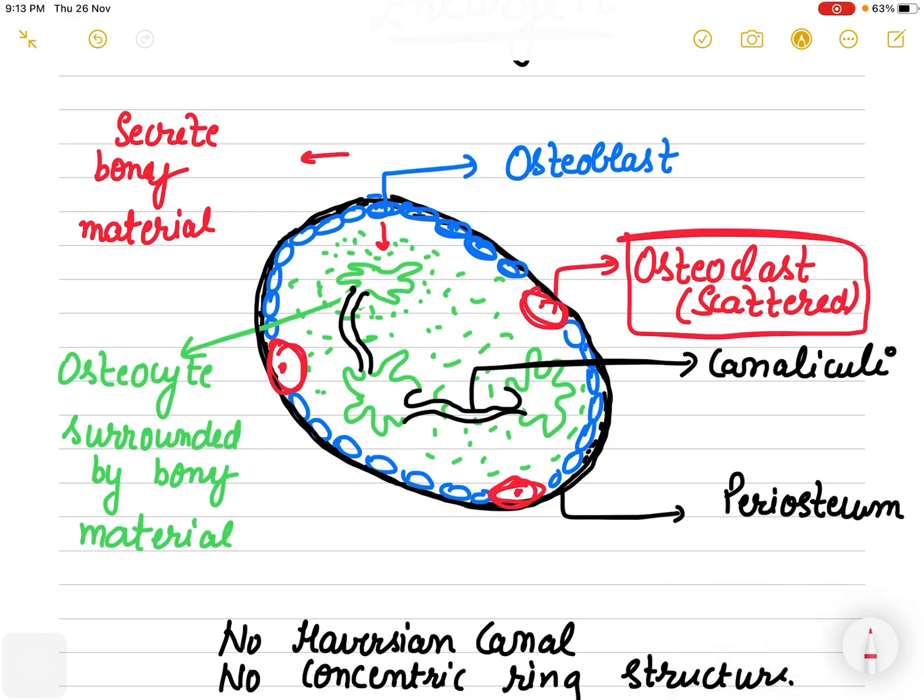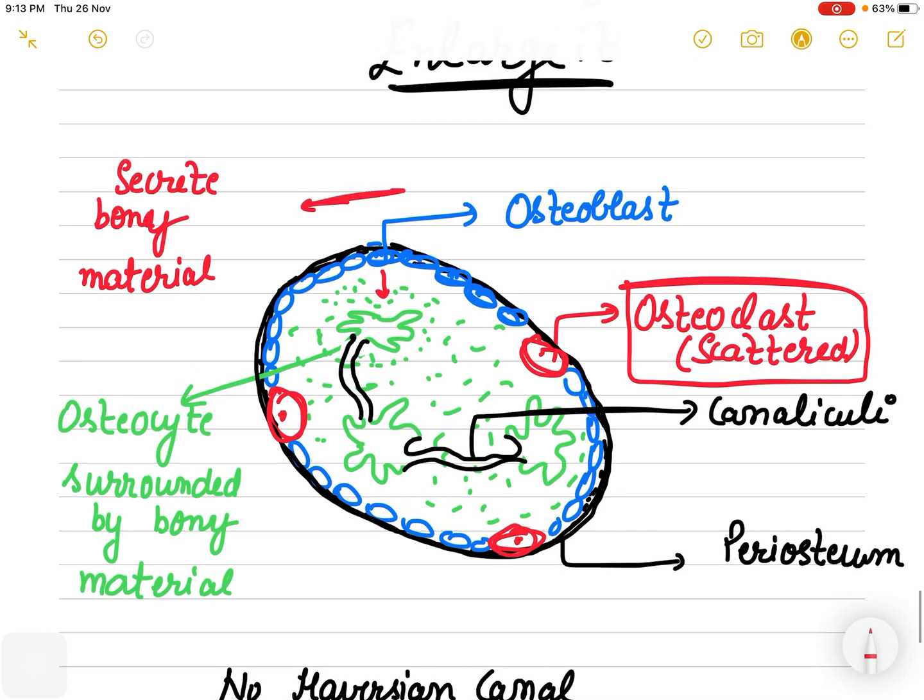These are osteoclasts. When osteoblasts secrete bony material, they get surrounded by this bony material. Now they will be known as osteocytes. Those cells which are surrounded by bony material are known as osteocytes.